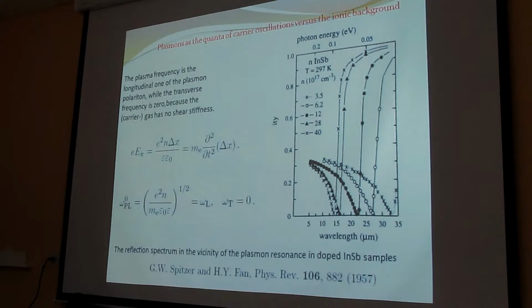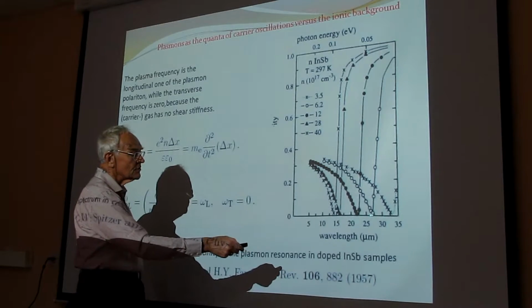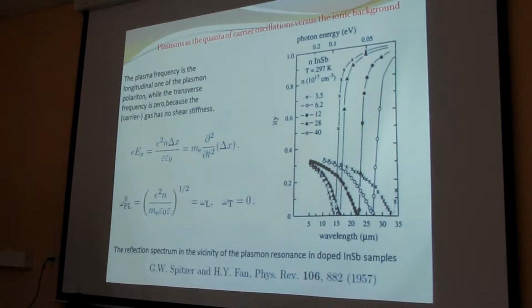Different doping levels, different concentrations, and the plasma frequency, so longitudinal frequency, the transverse plasma frequency is 0 because the gas does not have a shear stiffness. And it goes like the square root of the density, and you see here that the carrier density was varied approximately over a factor 10. And if you look here at the longitudinal frequency, you get also approximately a variation of a factor square root of 10.